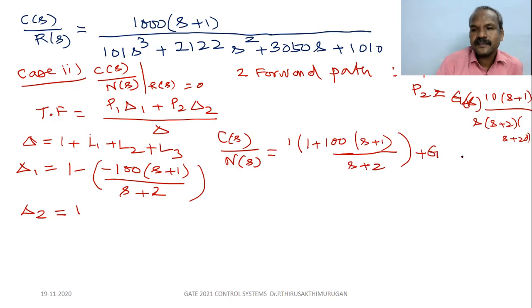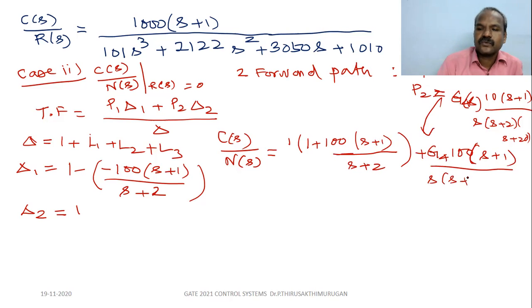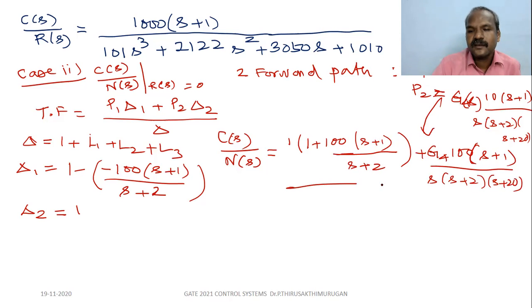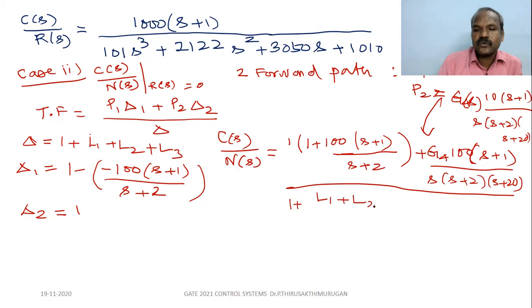P2 is G of S into 10 S plus 1 divided by S into S plus 2, S plus 20. Right? Very good. Understand? Plus delta. What is delta? 1 plus L1 plus L2 plus L3, the same as the previous.